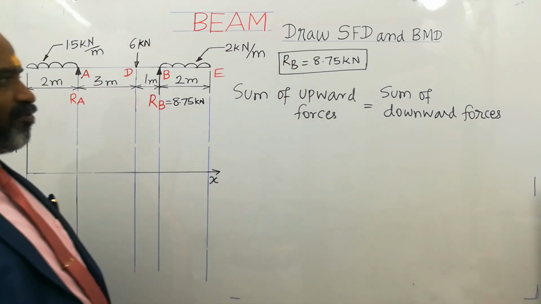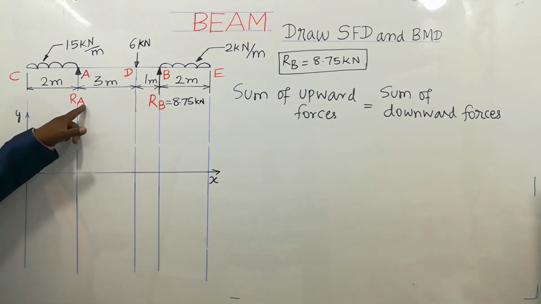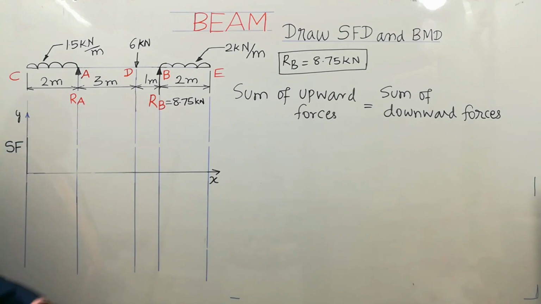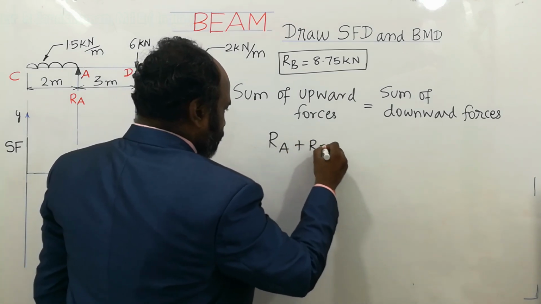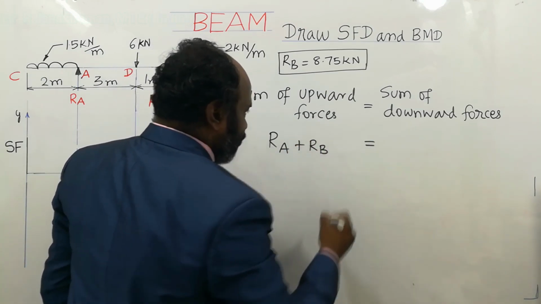Sum of upward forces: here RA is the upward force at point A, and RB. So RA plus RB.